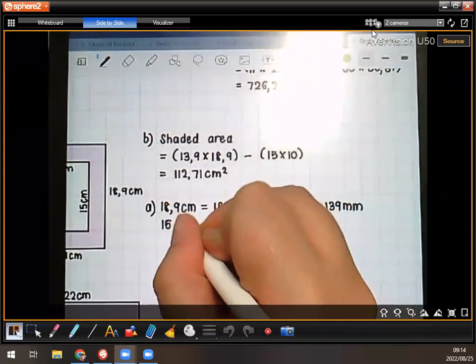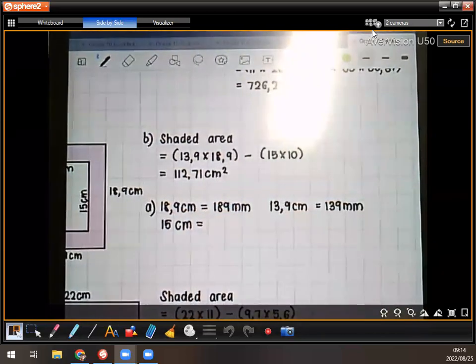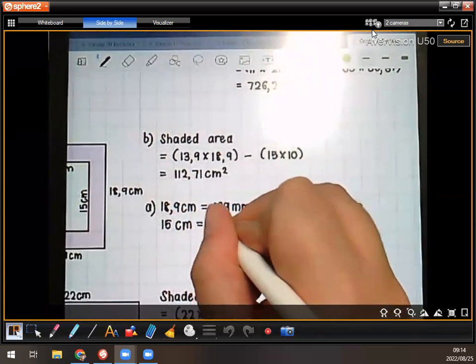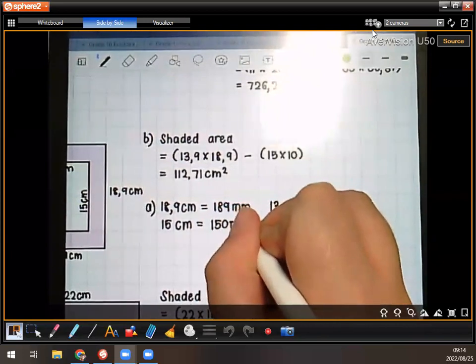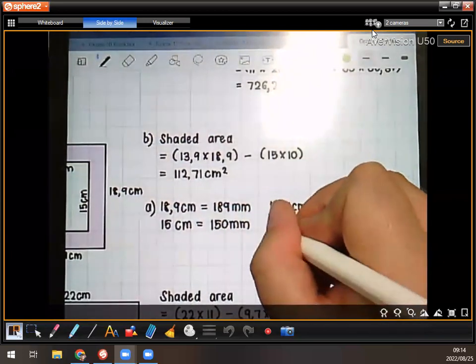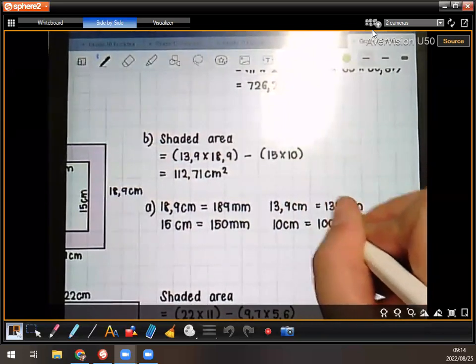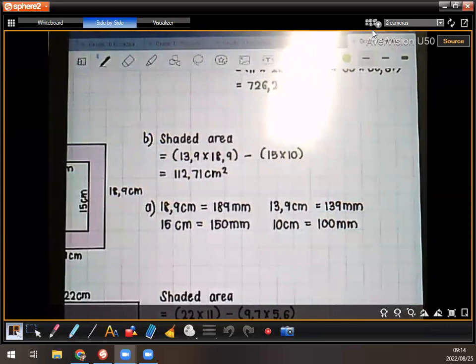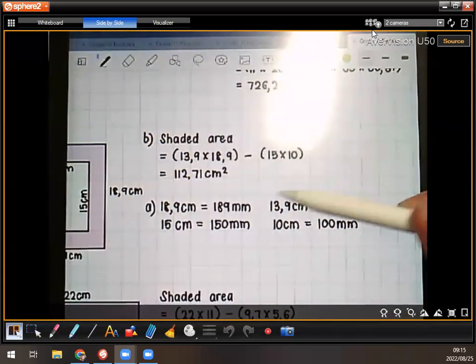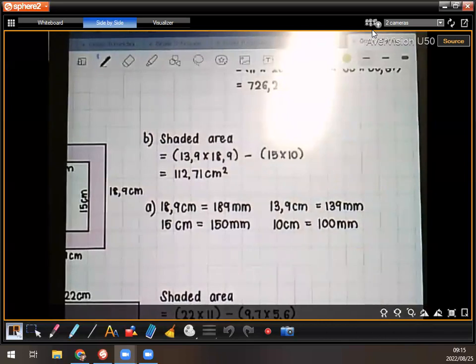The inner dimensions, 15 centimeters is going to be 150 millimeters. And what was the other one? 10 centimeters will be 100 millimeters. So now you have to do the exact same calculation, but just working with the millimeter dimensions. All right, that was actually what you had to do in A, sorry.